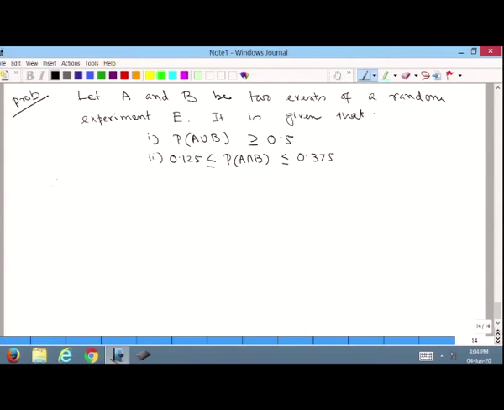Therefore, there are many different probabilities possible for A and B satisfying the above.